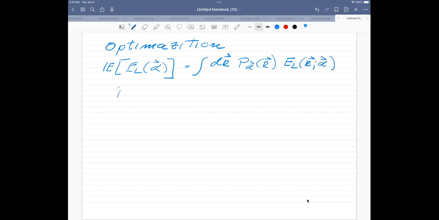And let me quickly remind you of what we are setting up. This is given by the trial wave function, psi t trial, as a function of the positions of the particles, divided by the norm.